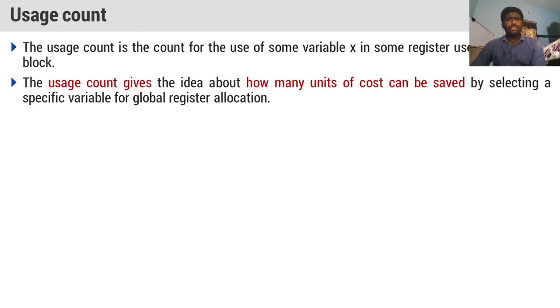Next one is usage count. Usage count is the count for the use of some variable x in some register used in any basic block. The usage count gives the idea of how many units of cost can be saved by selecting a specific variable for global register allocation.